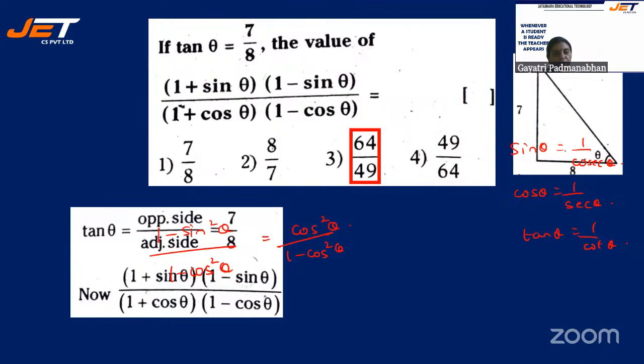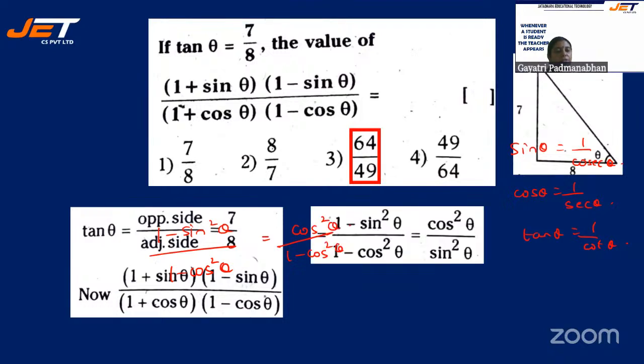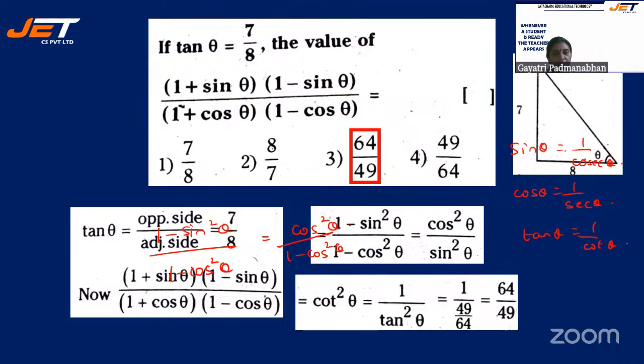So 1 plus sin theta and 1 minus sin theta by 1 plus cos theta and 1 minus cos theta, which is the same thing we have done, cos square theta by sin square theta, which is nothing but cot square theta, which is 1 by tan square theta, which is 1 by 49 by 64, which is 64 by 49.